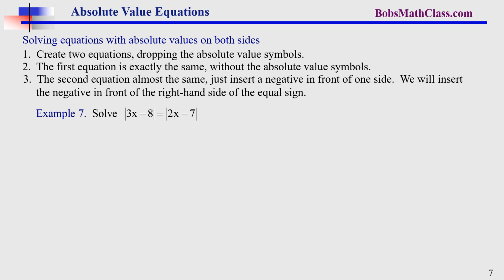Because it's a 2x minus 7, put the 2x minus 7 in parentheses so that we could distribute the negative sign that will be in front. Okay, so it looks like this. First equation, 3x minus 8 equals 2x minus 7. The second equation, 3x minus 8 equals negative, and then in parentheses, 2x minus 7.